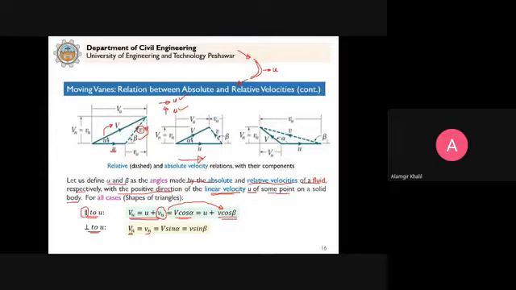This will be equal to the relative component Vn, and will be equal to V sine alpha, equal to the relative velocity sine beta. Because there is no component of u perpendicular to u, it is linear, so that is zero. So then V sine alpha will be equal to V relative sine beta.